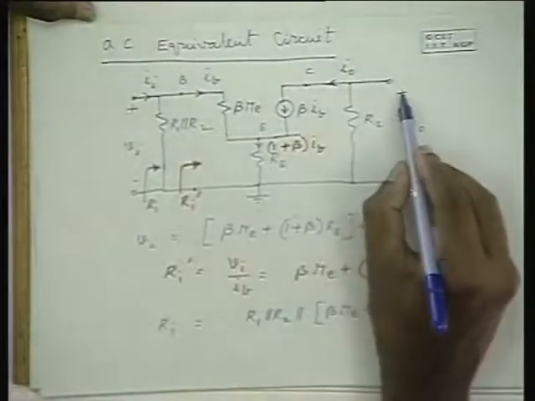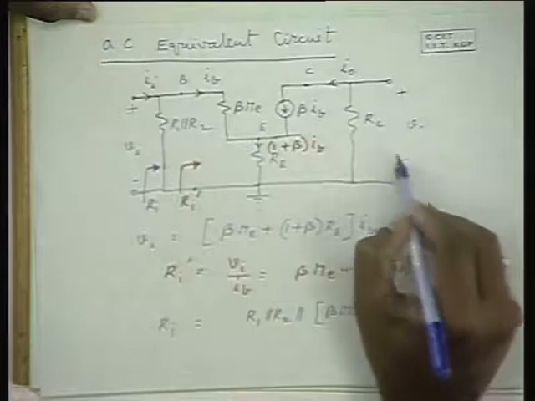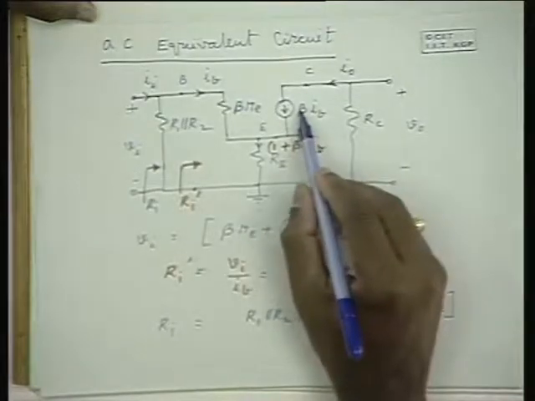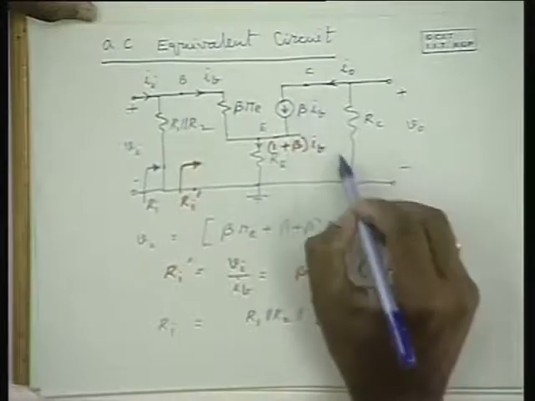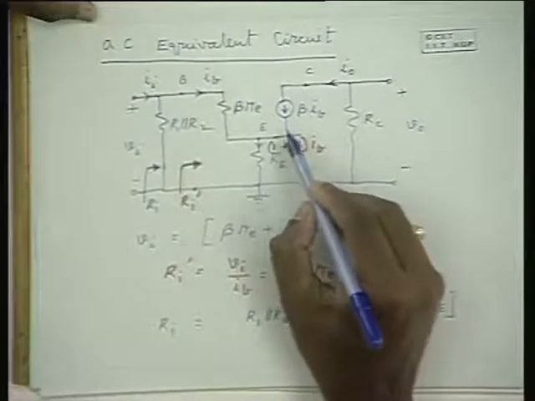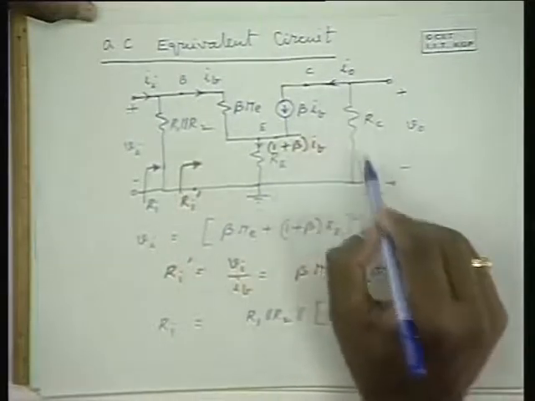The voltage across RC, that is V0, is minus beta IB into RC, since beta IB is the current flowing through RC.